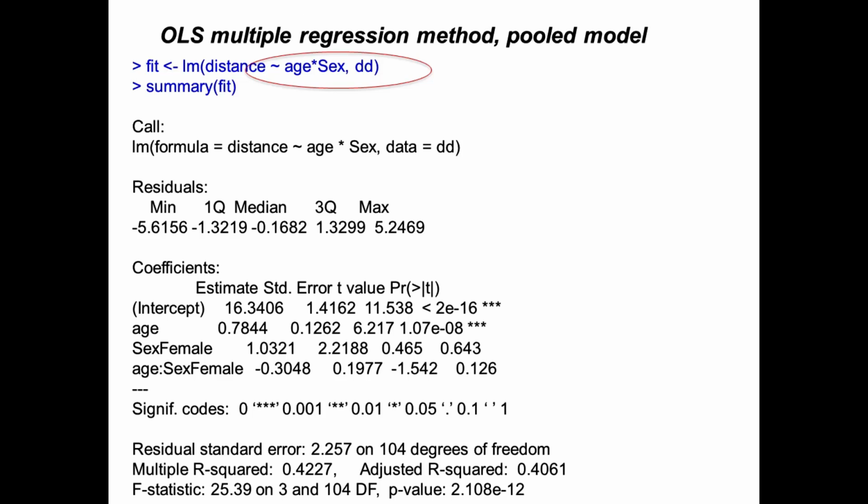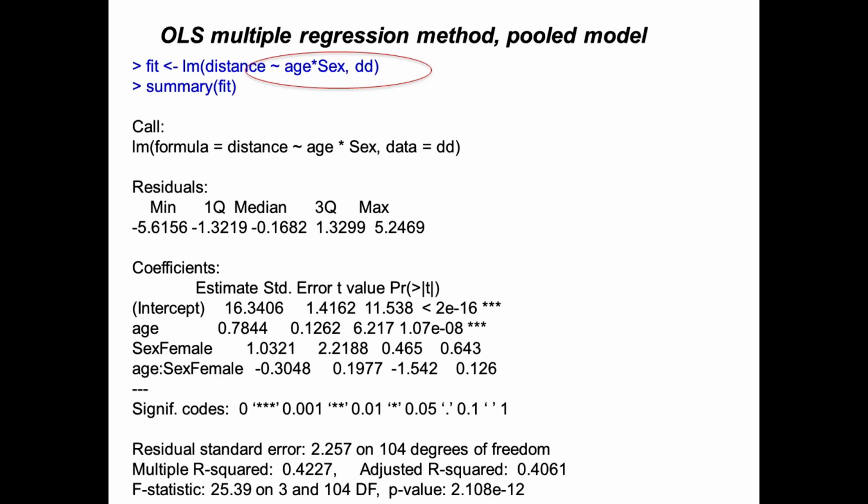That would be equivalent to typing it out in the long form: age plus sex plus age colon sex. This is just a shorthand way of doing it, and that's how I'm going to do it throughout, because it's easier than typing everything out. And then we're giving it the data that we saved as DD, the dental data.